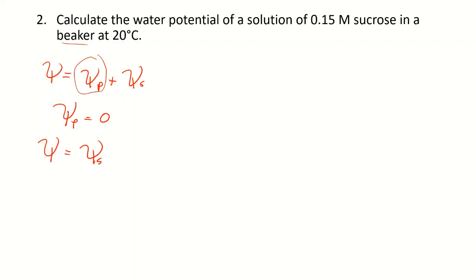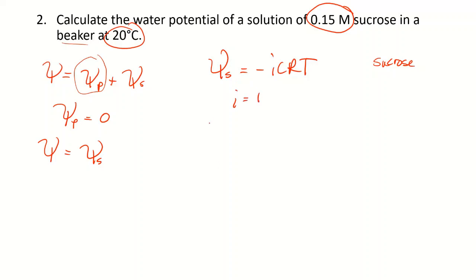Now, what is our solute potential? We're not given that, but we are given a molar concentration and a temperature, so we can calculate that. So our solute potential is going to be negative iCRT. Sucrose is a sugar, so will it ionize in water? It should not. So i should equal 1.